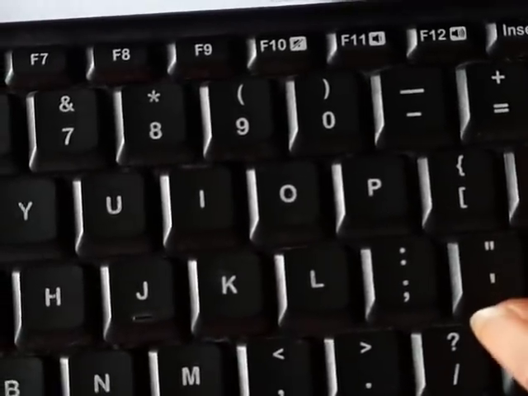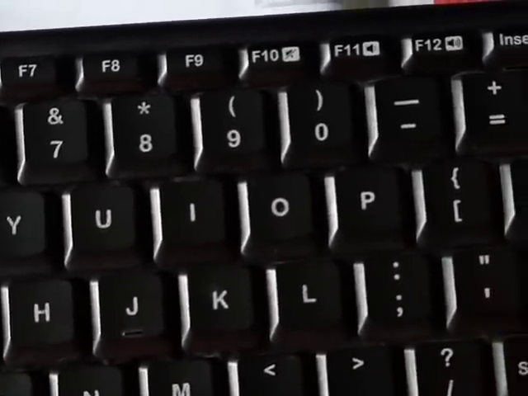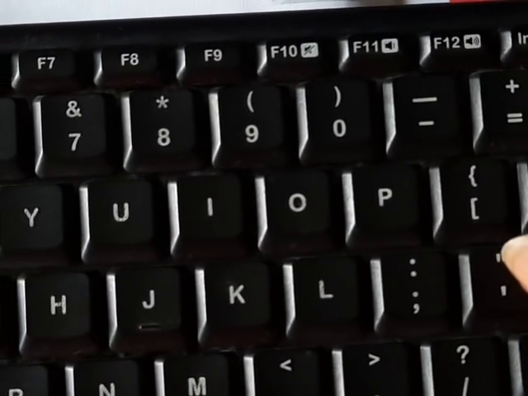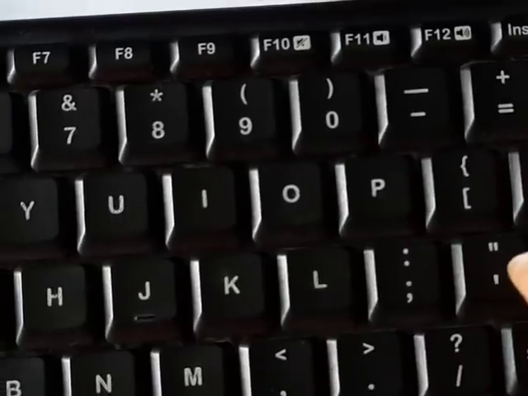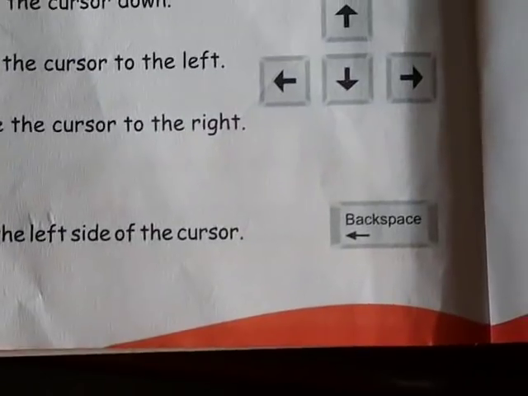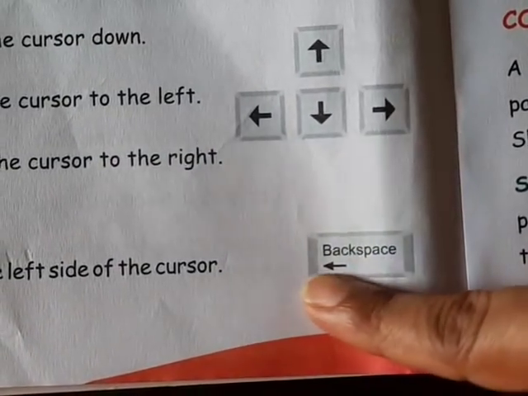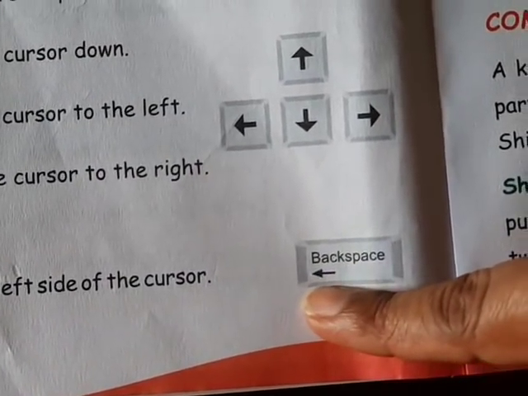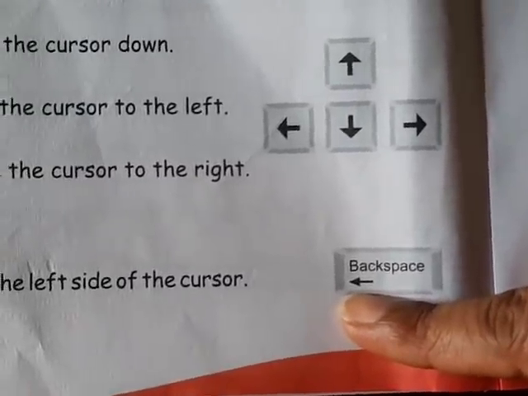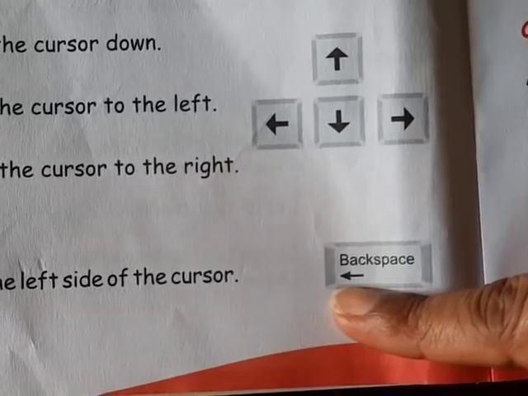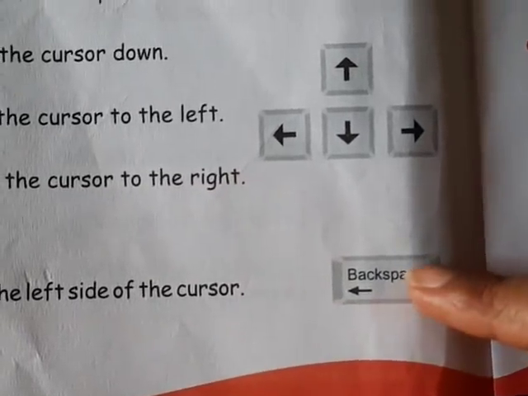On the backspace key it will be written backspace, and on the delete key it will be written delete. But in some of the keyboards, in the backspace key you will only see an arrow like this which is moving towards the left side. So if you have this arrow on any key, that is also a backspace key. Alright, and the backspace key will delete anything which is towards the left side of the cursor.